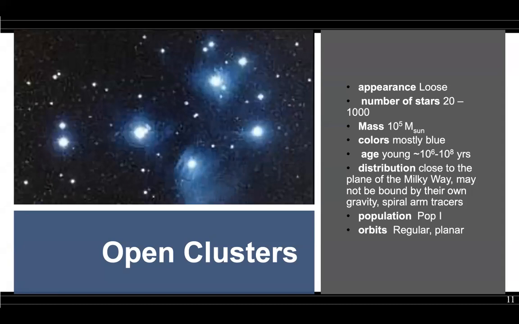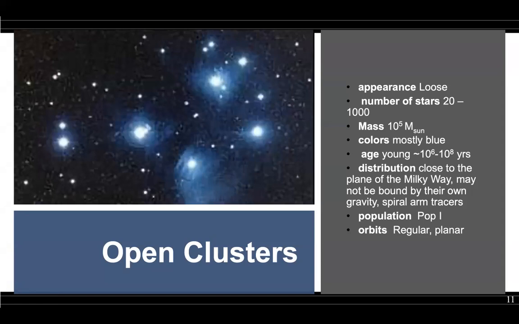So, as you know, the structure of the Milky Way galaxy essentially has a disk which is rich in gas, a central bulge, and a halo. The basic material from which stars are formed is gas, and the gas is present in the disk.